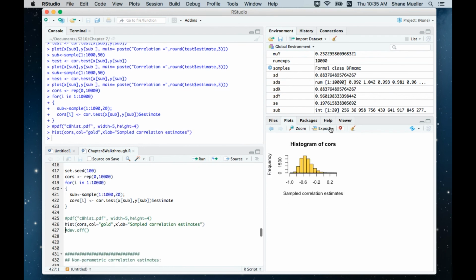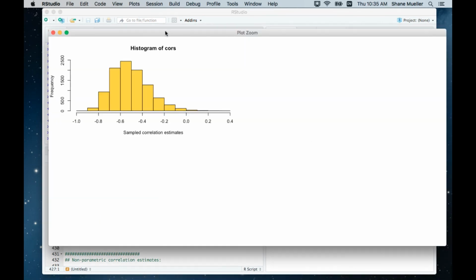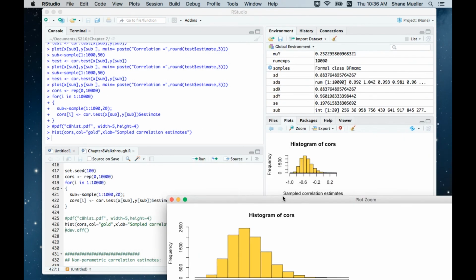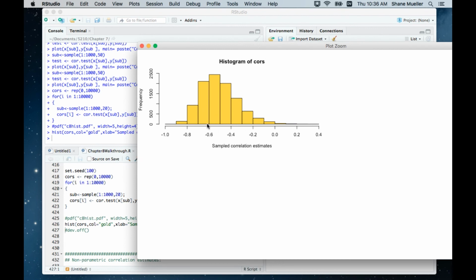And let me zoom in. So our initial correlation was really around 0.5 or something. And we can see on average we get around 0.5. But sometimes we even get negative correlations if we're just sampling 20. Sometimes we get really high correlations. The true correlation was in here somewhere. And we rarely, maybe 10 or 15% of the time, get a value that's close to the true correlation.